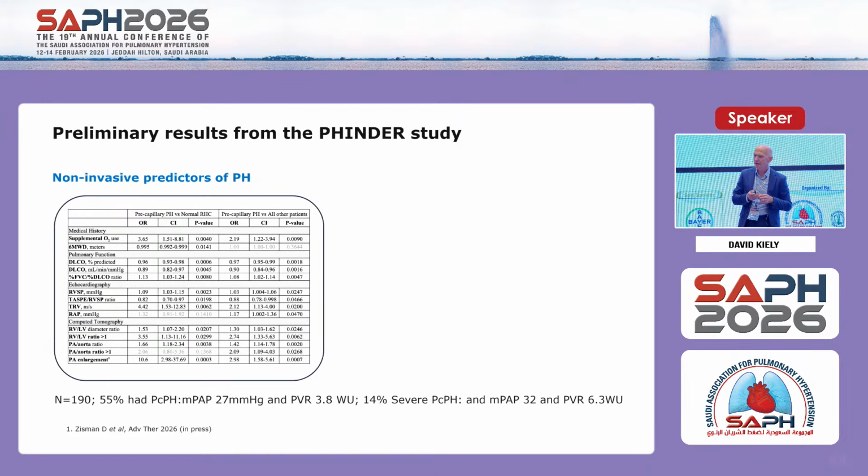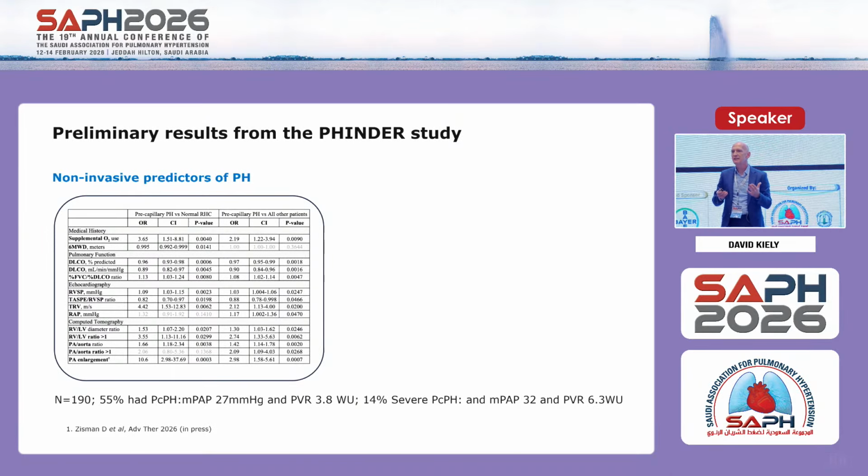This is 190 patients. And what is interesting is that the patients who had precapillary pulmonary hypertension had, for pulmonary hypertension physicians, very, very modest disease, PVR 3.8 units. But what's interesting is there were statistically significant differences in gas transfer factor, echocardiographic measurements, and also in CT measurements.